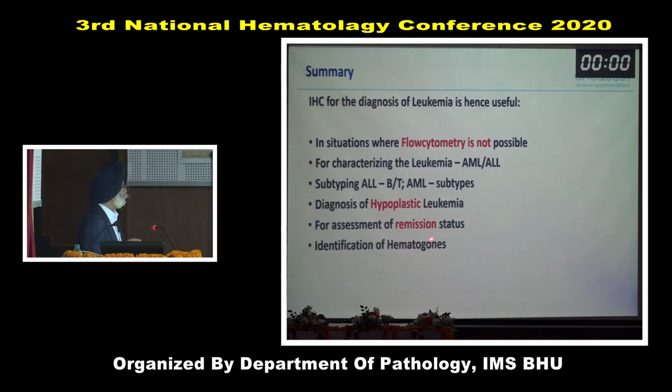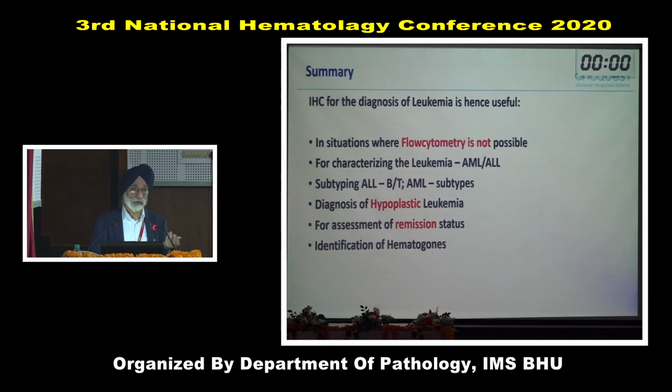So to summarize, wherever flow cytometry is not possible, the type of acute leukemia can be characterized on immunohistochemistry. Of course, the information which we get from flow cytometry is much more. The aberrant immunophenotypes, the various other markers which are very, very useful for minimal residual disease, cannot be compared.